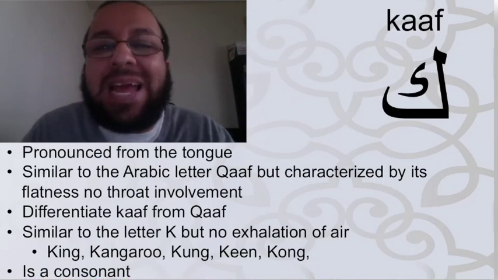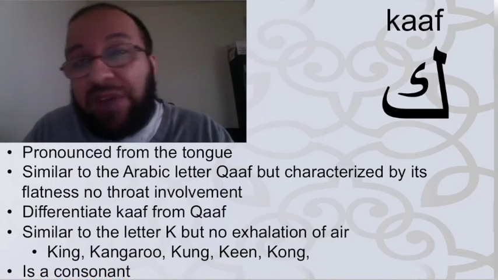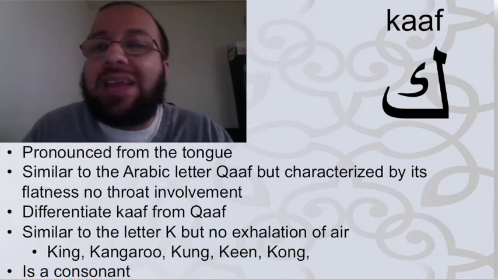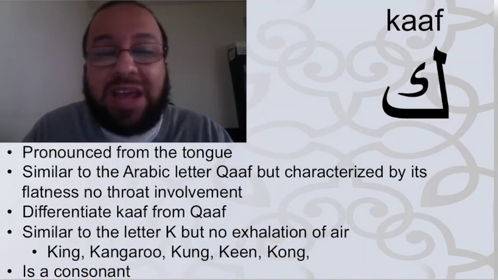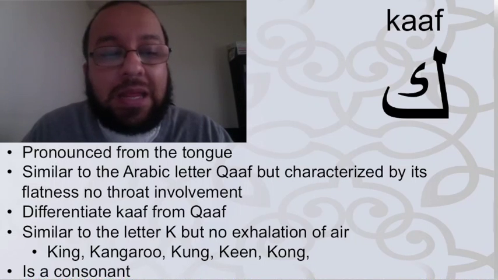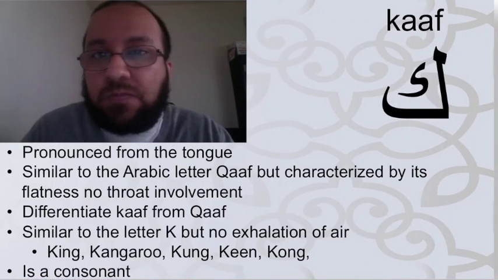Kafirun. Kaf. So if these 5 words, the words that you see on your screen, were to be pronounced by the letter Kaf instead of the letter K, they would be pronounced like this: king, kangaroo, kung, keen, kong.